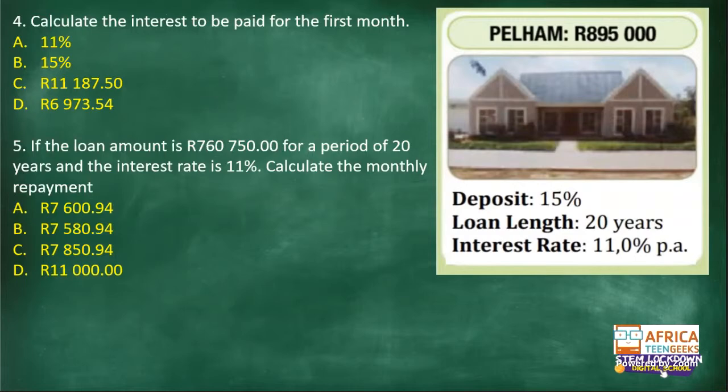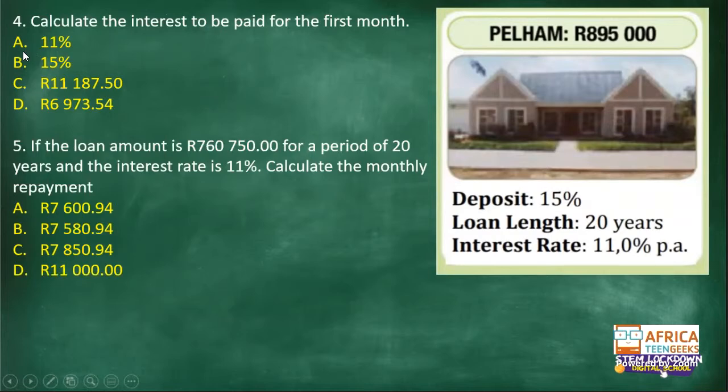So meaning that you need to calculate the interest rate per annum, and then you multiply your value there by 20 years. And then, of course, you divide everything there by 12 months because it is per annum. So you need to realize that.